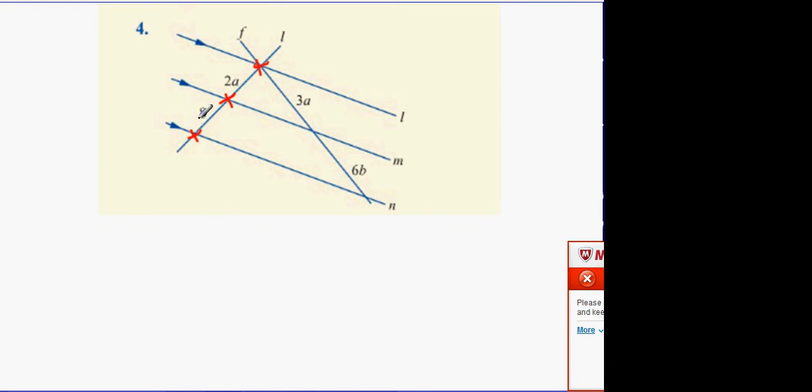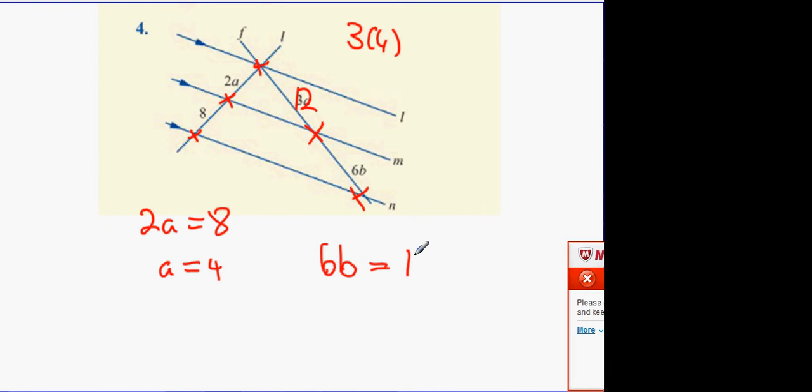So Keane, we can write down the formula. 2A equals 8, A equals 4. Once we know that A equals 4, what can we say about 3A? 3A is 12. And 12 is the same length as? 6B. Exactly. So 6B equals 12. B therefore equals 2. That's what they're looking for you to do in this exercise.